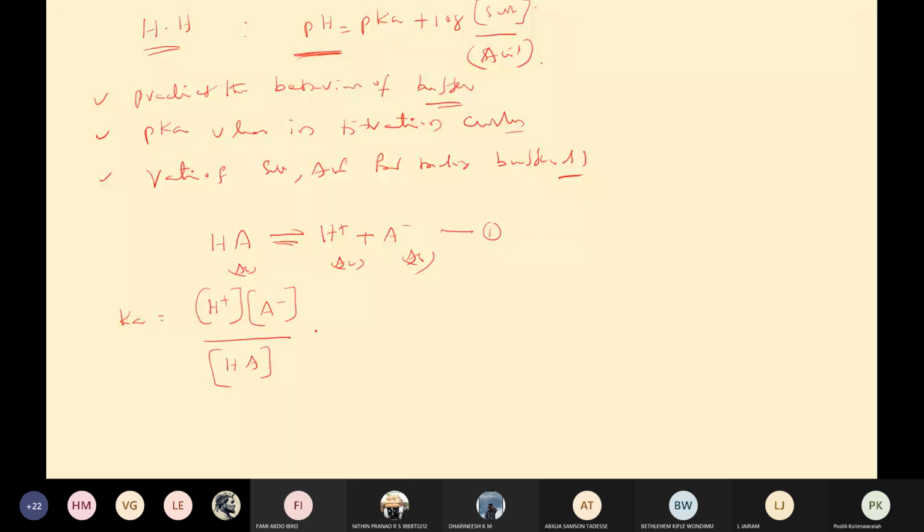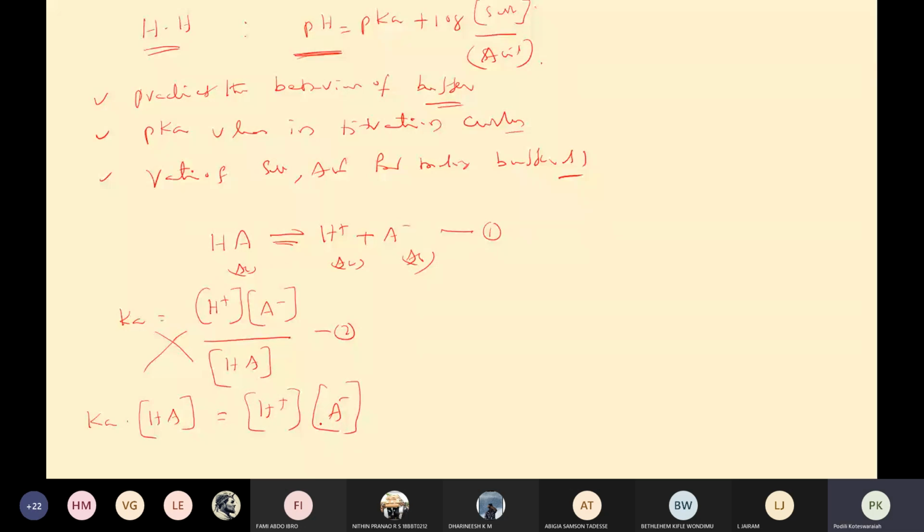So now from this, when we rearrange this one, we get Ka into concentration of HA is equal to H plus and A minus.